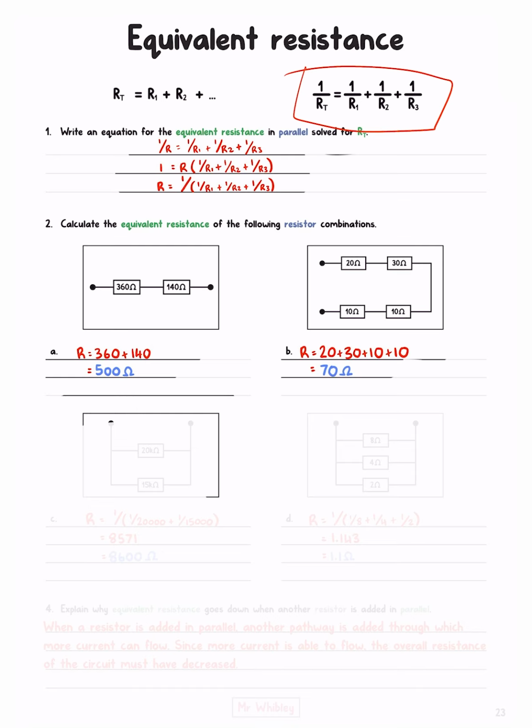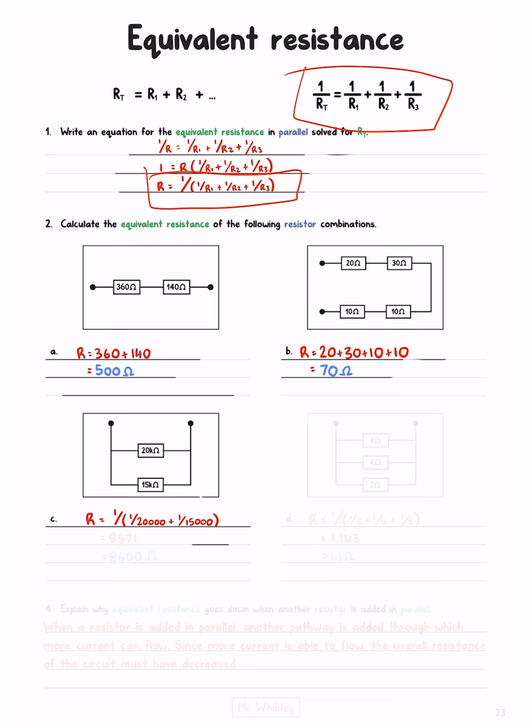For our third example, we have a 20 kiloohm resistor in parallel with a 15 kiloohm resistor. Using the equation we found up here, the total resistance is 1 over our first resistance plus 1 over our second resistance, which gives us 8,571 or 8,600 ohms to two significant figures.